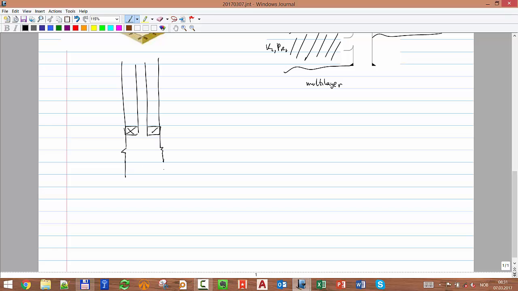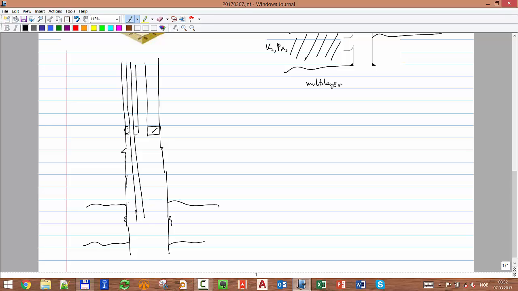Then later you have another formation deeper, and what I do is I have a passage through the packer, and I put another tubing, and I put a packer on that tubing. So it's like, they call it dual tubing completions.